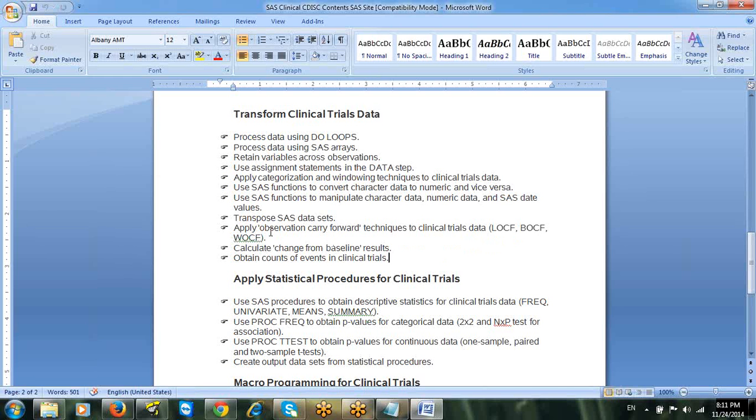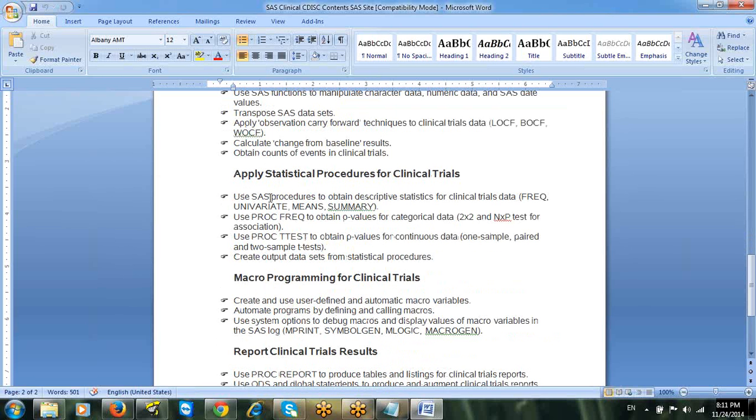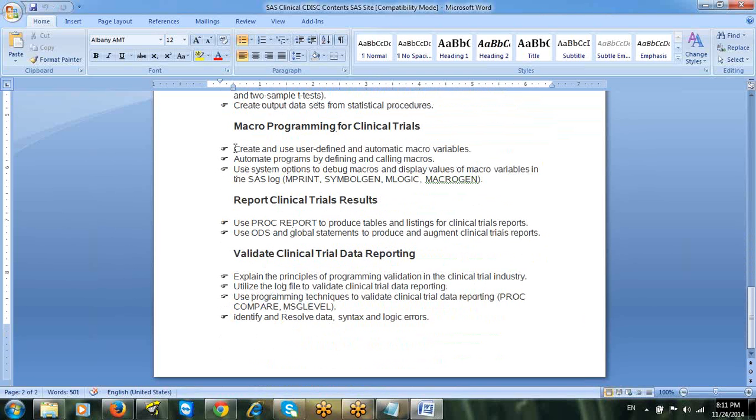LOCF, BOCF, important functions, some important statistical procedures, macros, and how PROC REPORT is used. Before validating clinical trial reporting data, we will go with preparing SDTM and ADaM.